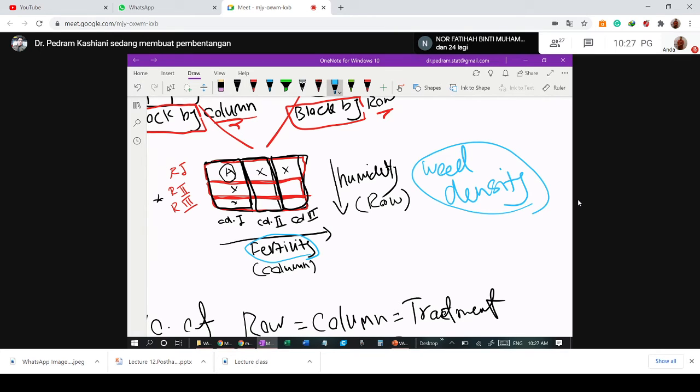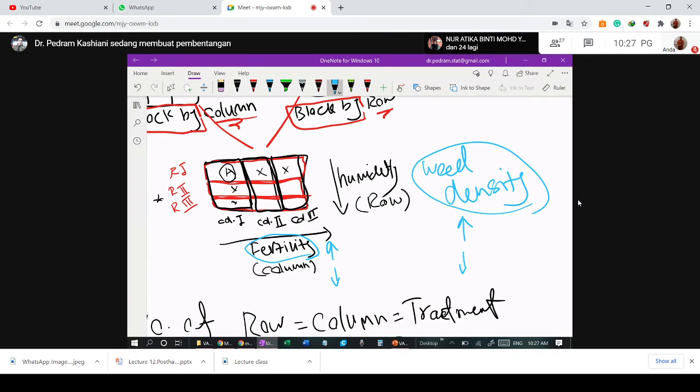So these two things have correlation together. It doesn't mean that both of them go up together or down together. If one goes up, the other can go up or down. This one goes up, this one goes up, or this one goes down, this one goes down.